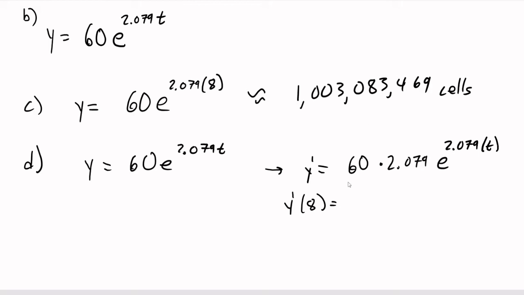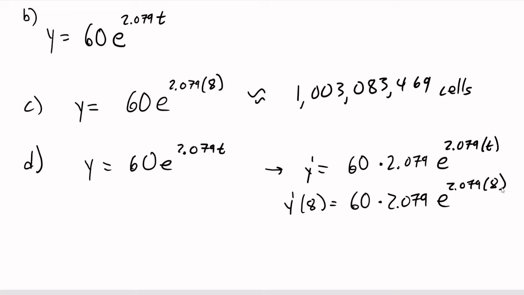So an 8 now goes up here for t: 60 times 2.079 e to the 2.079 times 8. That's going to be our growth rate at time 8.